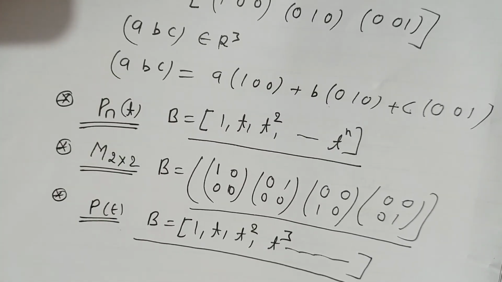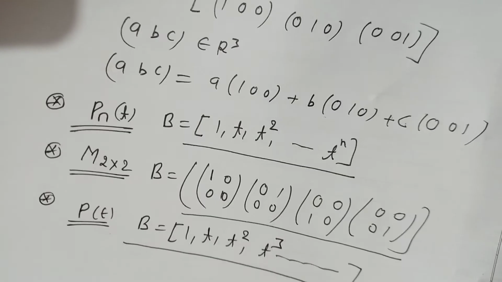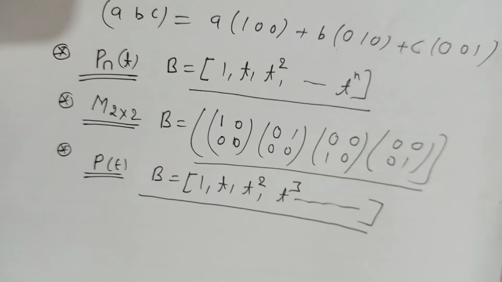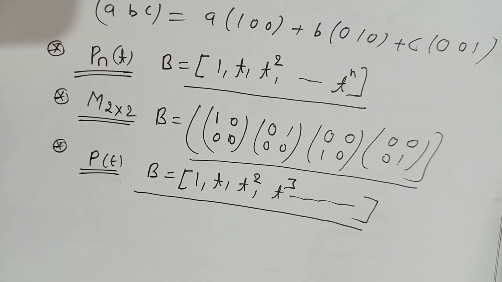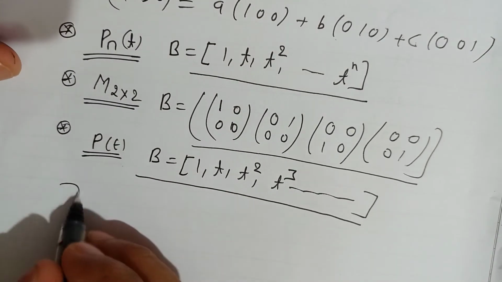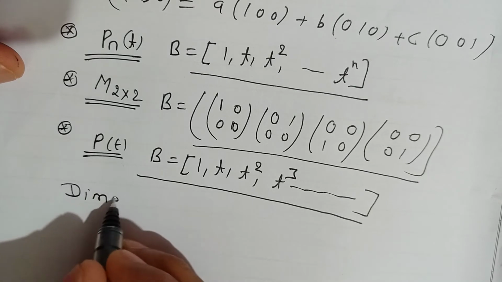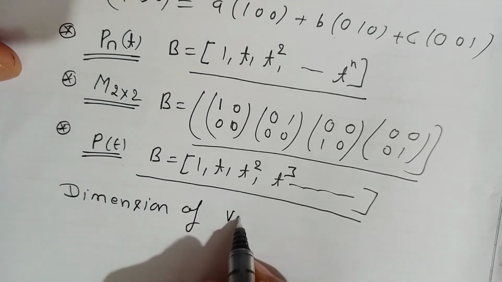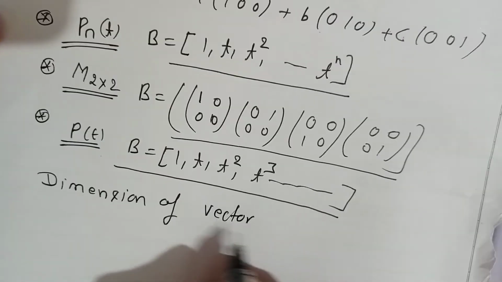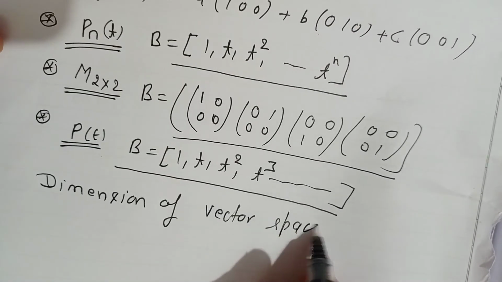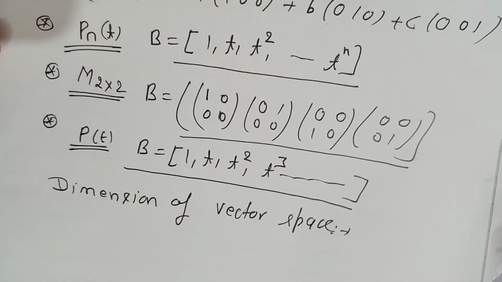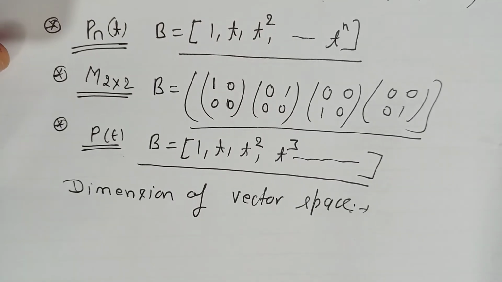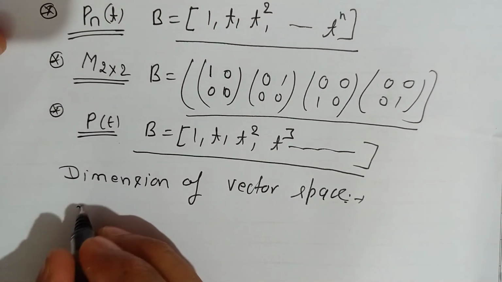Fine. Now here we define the dimension of a vector space. The dimension of a vector space is the number of elements in the basis. Dimension of a vector space means the number of elements in the basis.